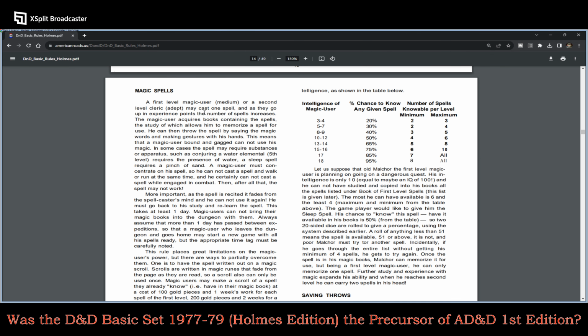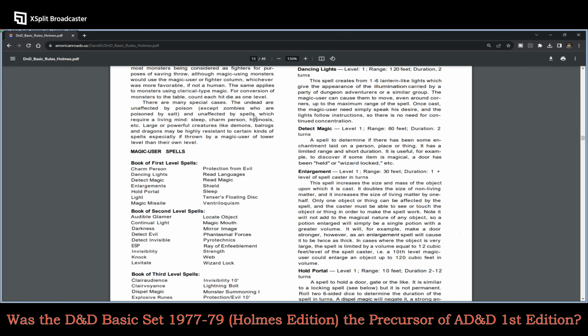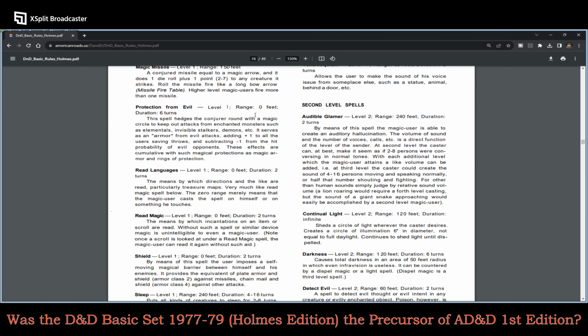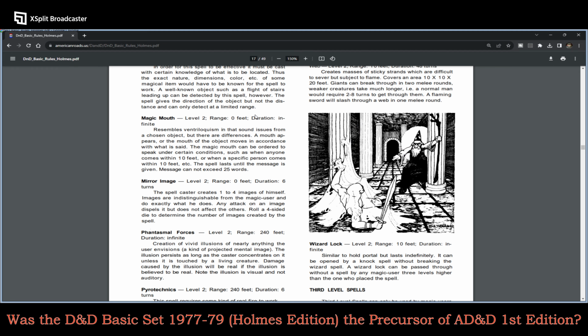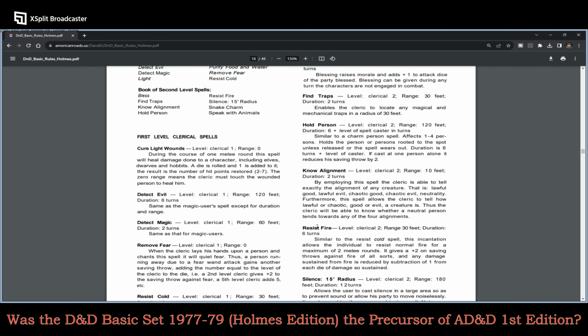And so here we have magic spells and saving throws and whatnot. So you still have the concept. I can switch out of here now.